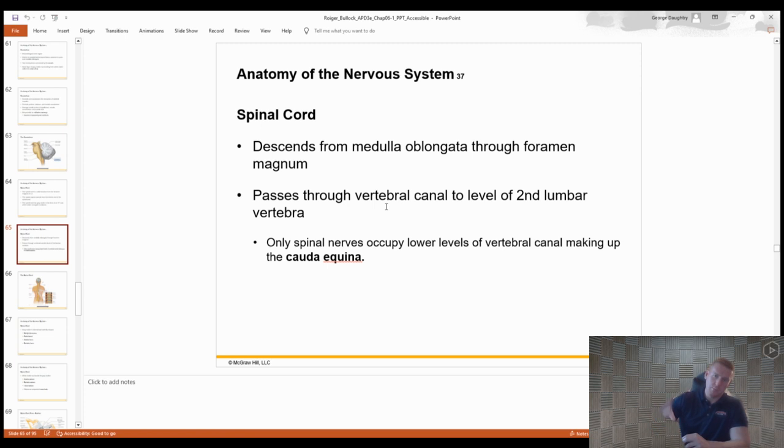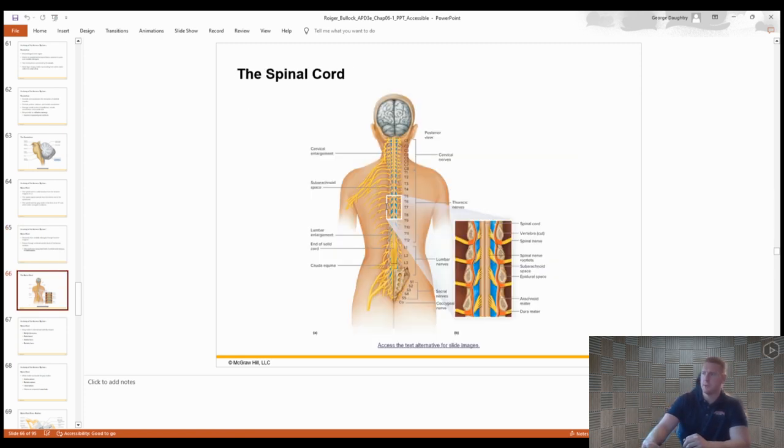That whole component, that's our cauda equina. And simply put, the lower portion of the spinal cord is the cauda equina. Okay. All right. So like I said, with the spinal cord, I think what you're going to be tested on is being able to identify the different regions of it.